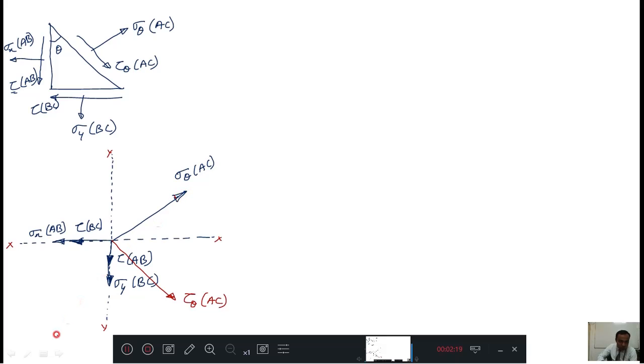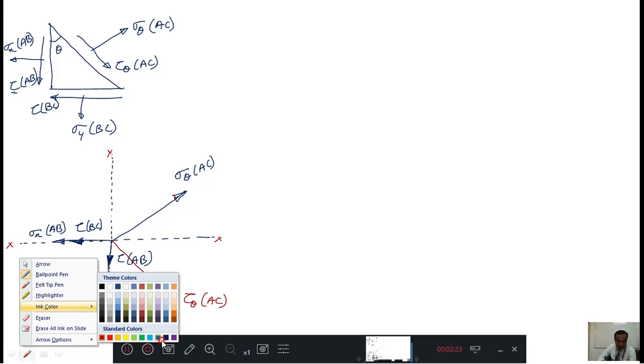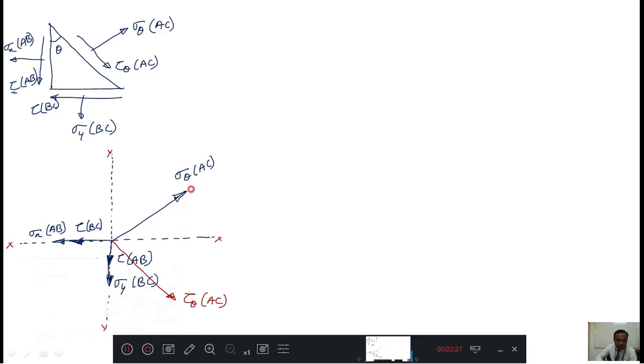Now I will consider the x-axis and y-axis in a different direction. This I will consider the x-axis, which means this will be the negative x-axis, correct?